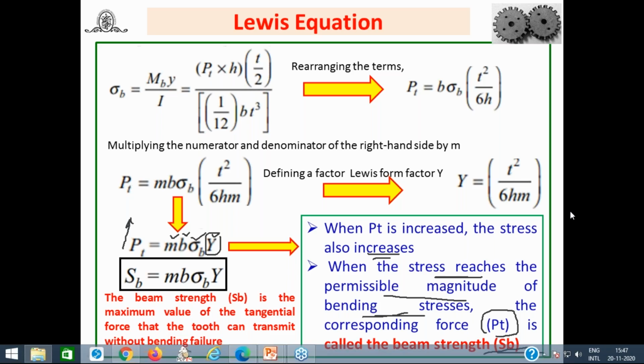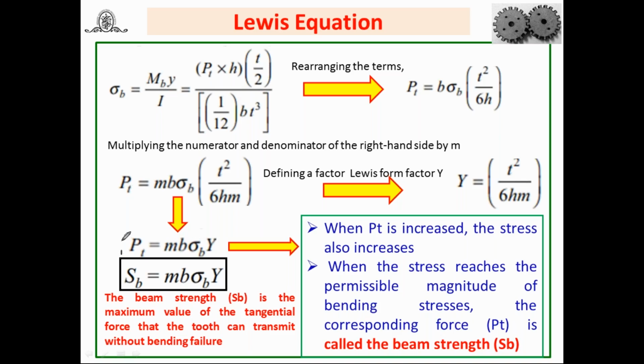Once again, I will repeat. As we increase PT, the tangential force, sigma B also increases. And when sigma B reaches the permissible magnitude of bending stress, after that there may be a possibility of failure of the gear tooth. When the stress value exceeds it, failure of the gear tooth may occur.